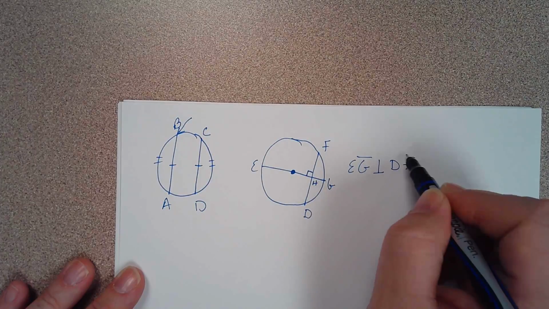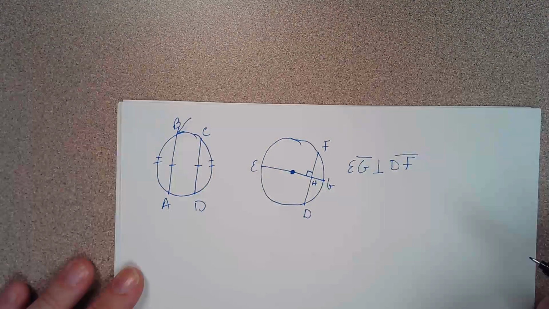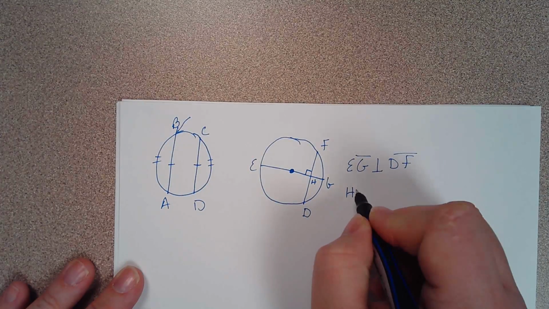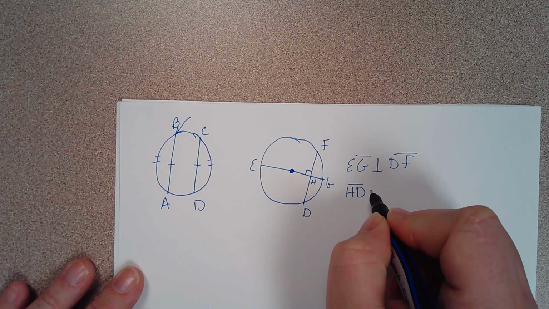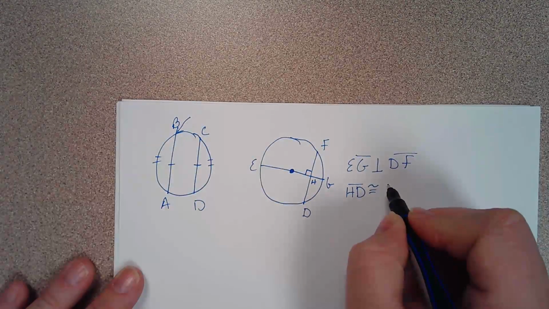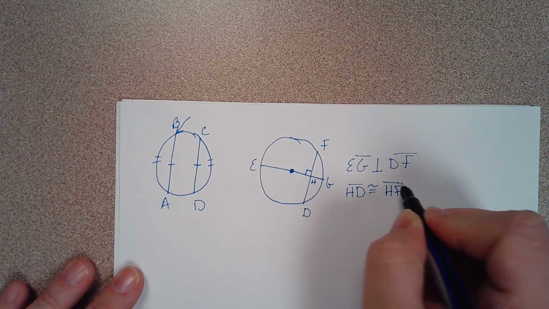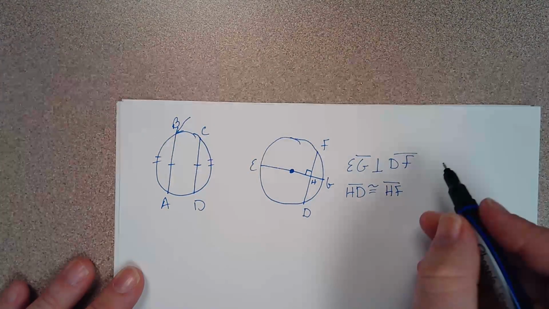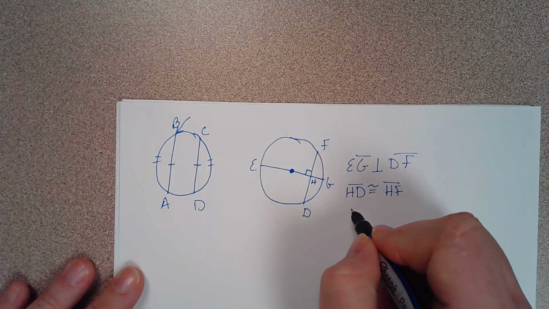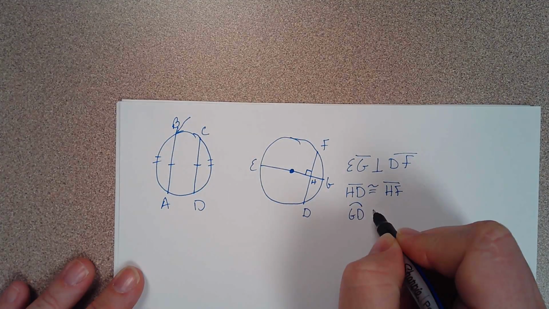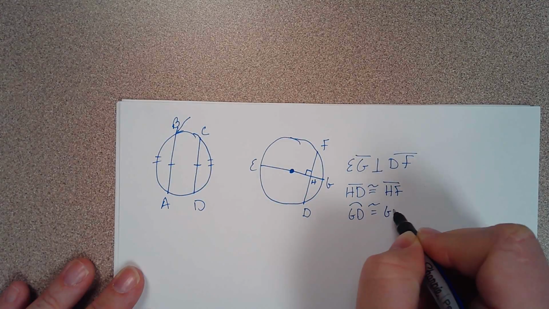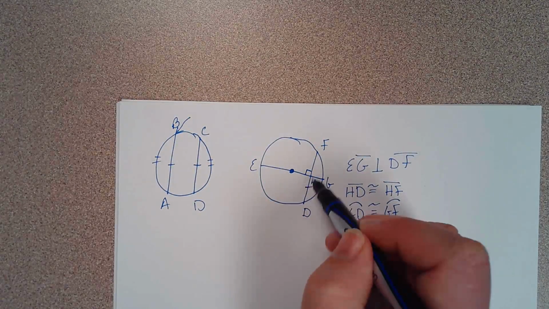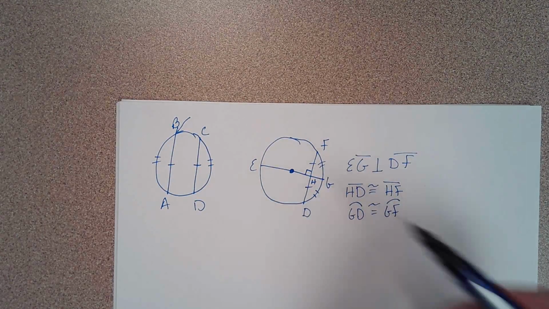Remember, EG is your diameter and DF is the chord. So if that is true, then line segment HD is going to be congruent to HF. And that means that the arc GD is then congruent to our arc GF. So if we say that these two are congruent here, then once again, these two are congruent there.